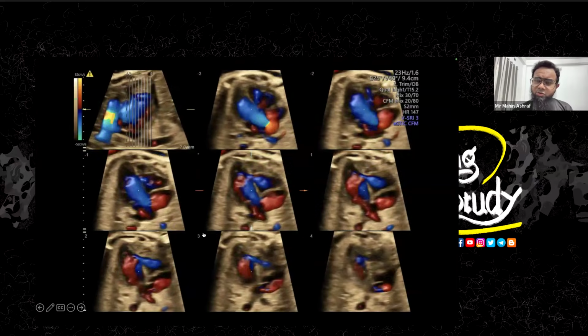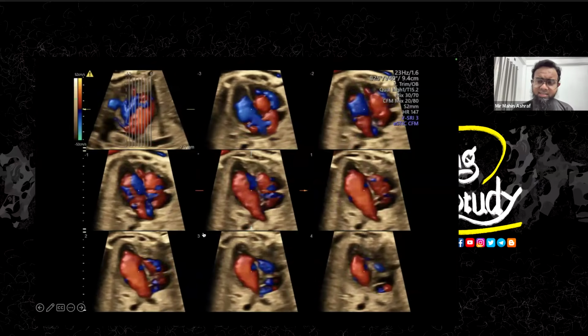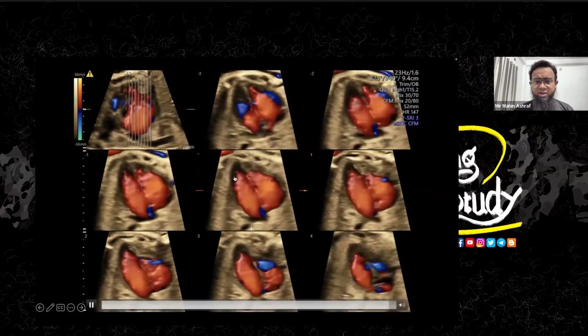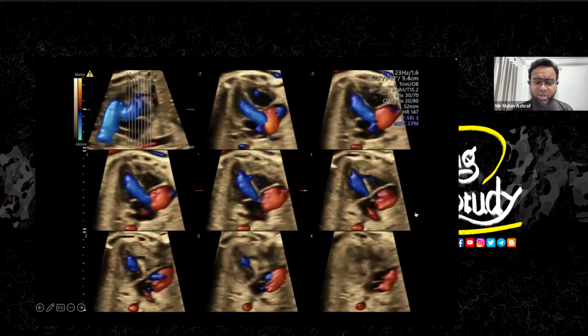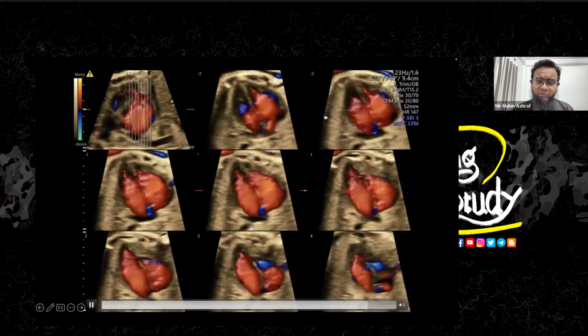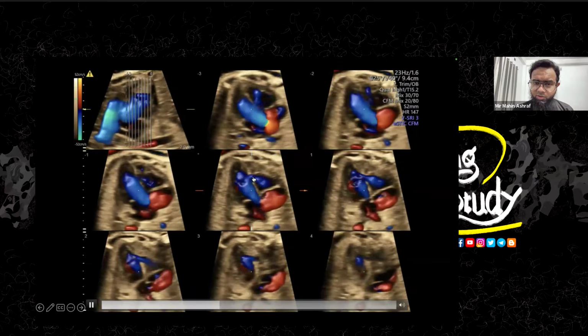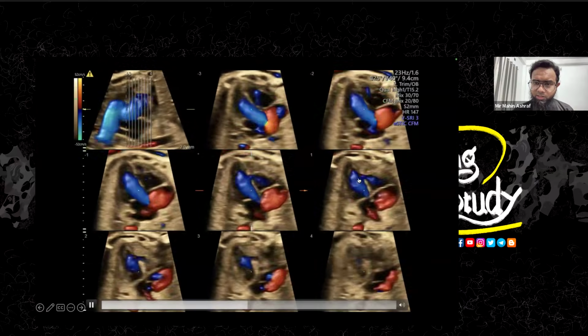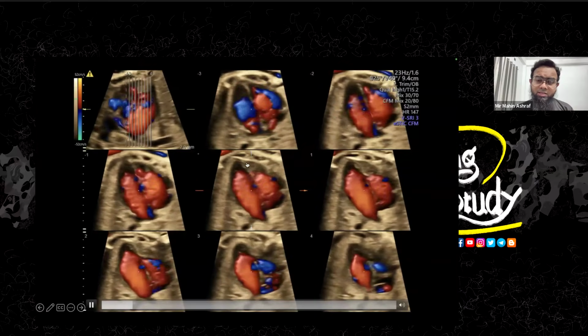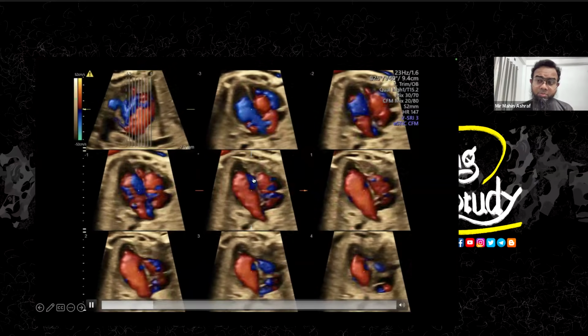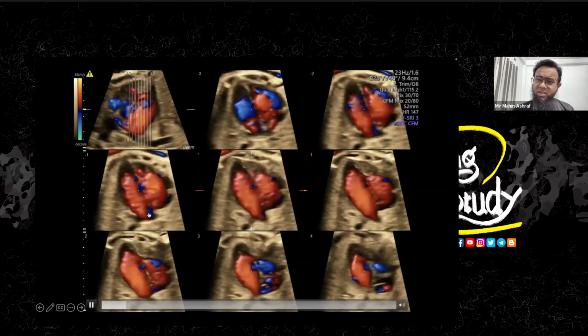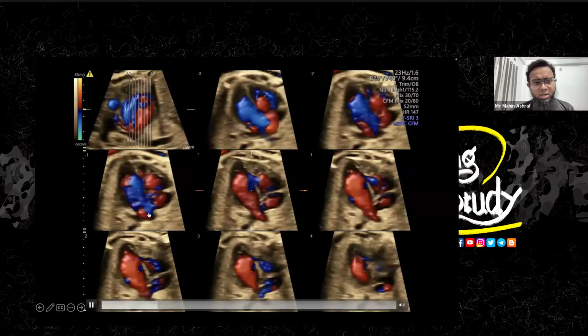So we use it also for the cardiac scan, fetal cardiac scan or echocardiography, and you can see very good flow here. If you look carefully, the four-chamber view looks quite normal here, but if you look here, there is a ventricular septal defect through which the flow is coming. So this type of sophisticated diagnosis could be made using 3D associated with Doppler.